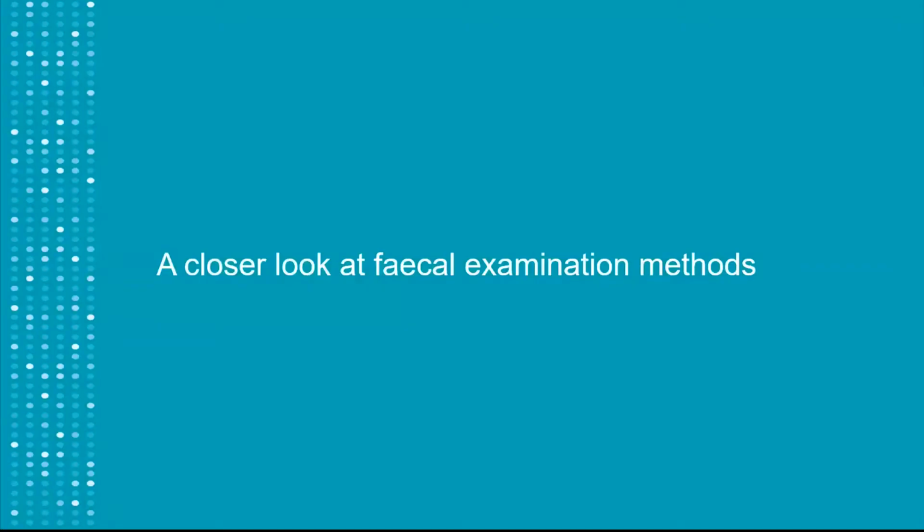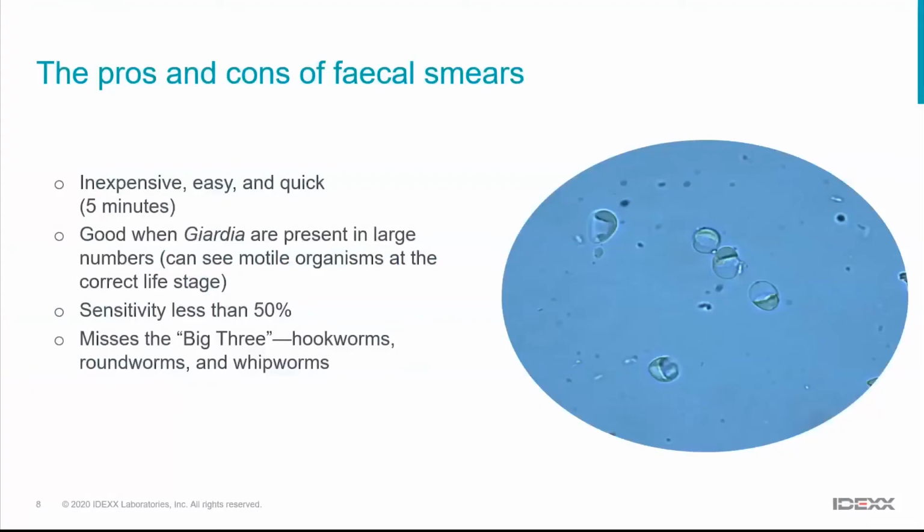So let's have a run through some of the methods we've got for doing fecal examination. At the simplest end of the scale, we've got things like fecal smears. So, mixing a really fresh fecal sample, it needs to be still warm and steaming, with a bit of saline on a slide and having a look at that.